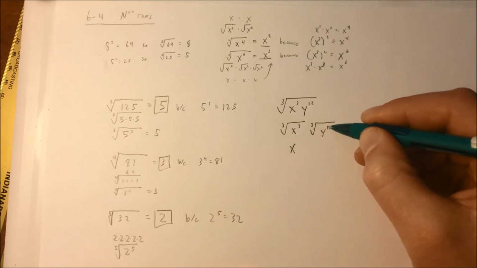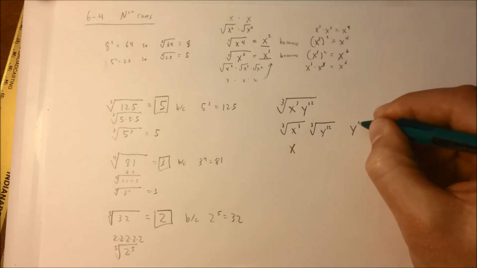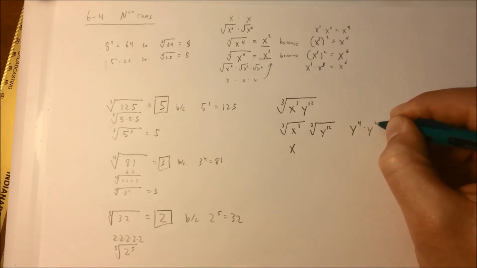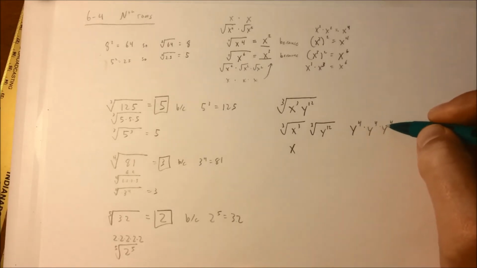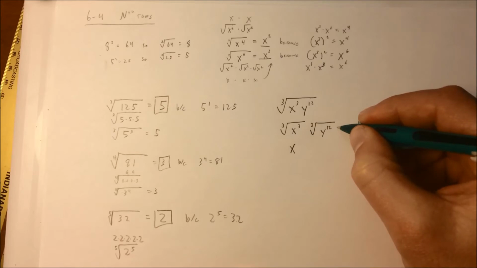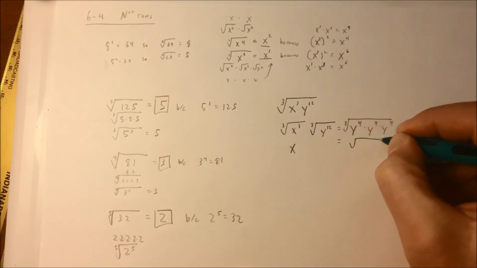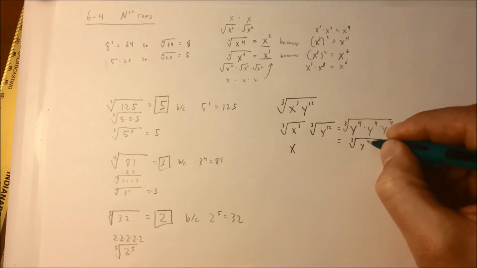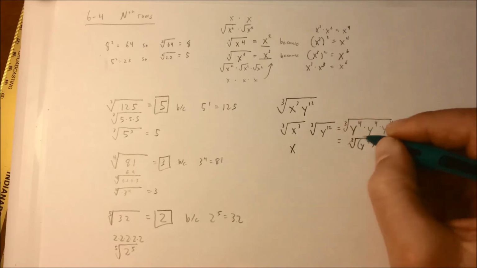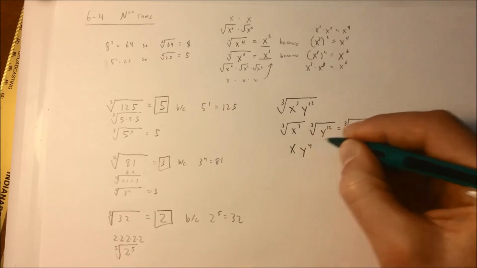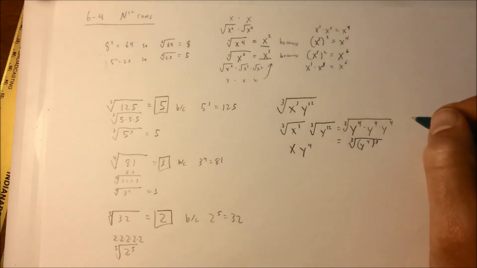But what times itself 3 times is going to give me y to the 12th? Well, let me see here. Y to the 4th times y to the 4th times y to the 4th. This is the same thing as y to the 4th cubed. So those would cancel out right there, and I would just get x, y to the 4th. So that's how you work these.